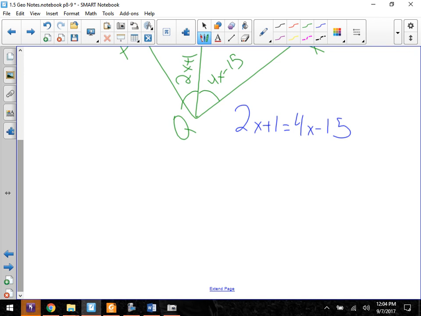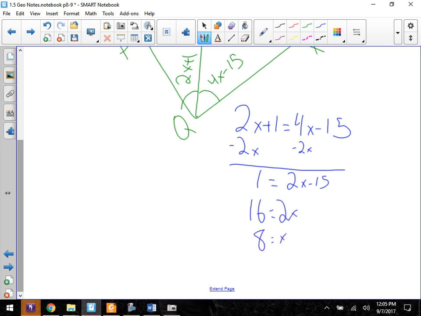In this case, then, we do what first? Subtract 2x. And last but not least, well, not last, but almost least. And it gives you an 8.